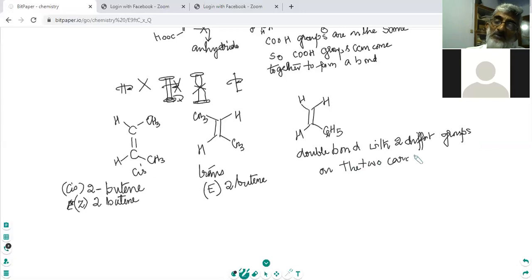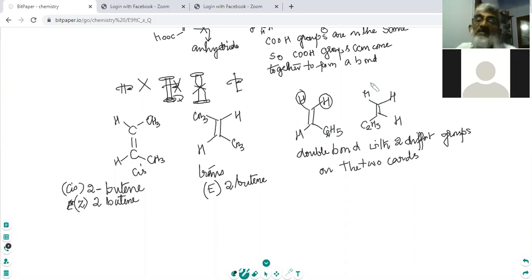The different groups should be on different carbons. On the same carbon, you cannot have identical groups. See here, both are hydrogen. This will not show geometric isomerism because if you draw the other form, you will have the same hydrogens here. Both of these are one and the same.